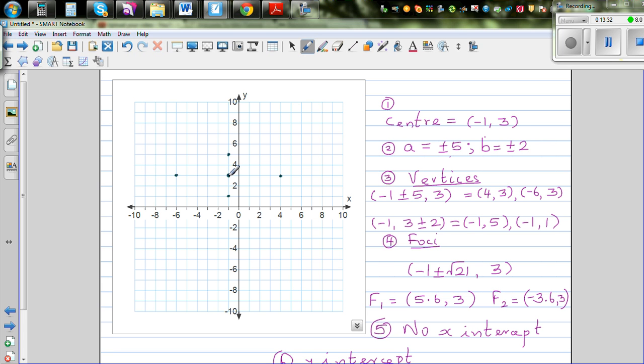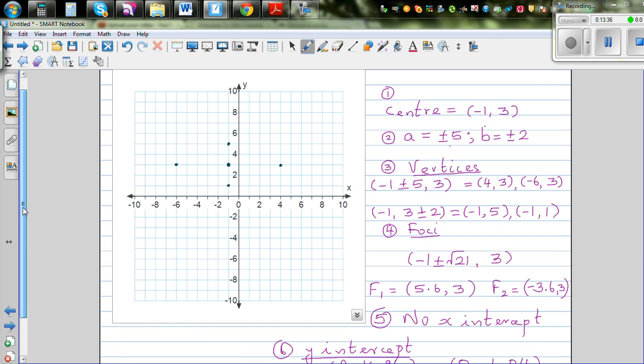So let's see the foci. Your focus is from minus 1, 3. You're going root 21 to the right, and root 21 to the left. If you go root 21 to the right, you get 5.6. Let me use a different color for the focus. This is roughly here. Say this is your F1.